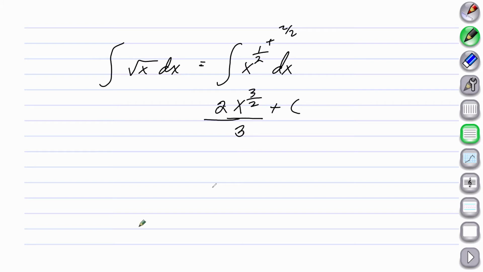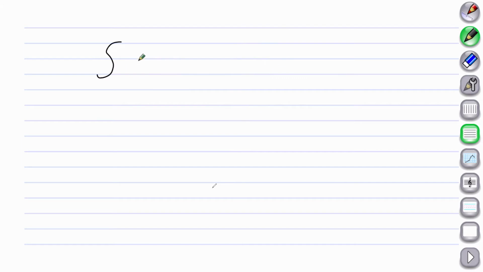Let me try another one like that. Let's say we had this one: the integral of the 4th root of x to the 3rd. So this would be the integration of x to the power over index, dx.